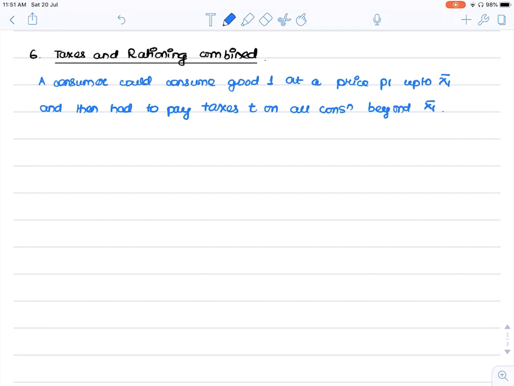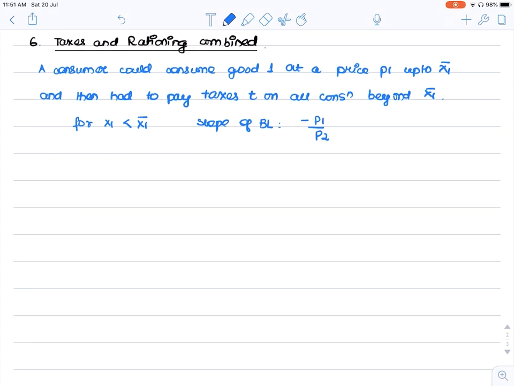So how does my budget set look? For x1 less than x1 bar, the slope of the budget line will be P1 by P2. But the moment you hit x1 bar or go beyond it, the price increases from P1 to P1 plus T. So the slope of the budget line becomes P1 plus T upon P2, right? So for x1 less than x1 bar, the slope of the budget line is P1 by P2.